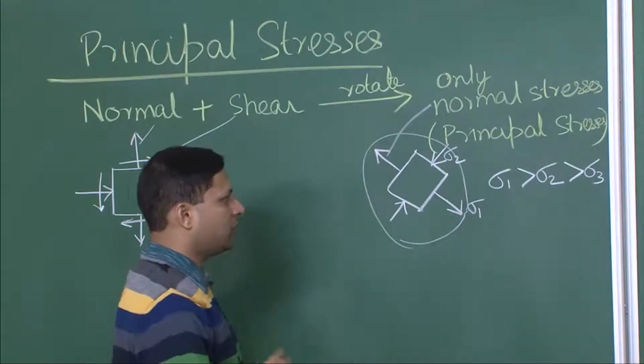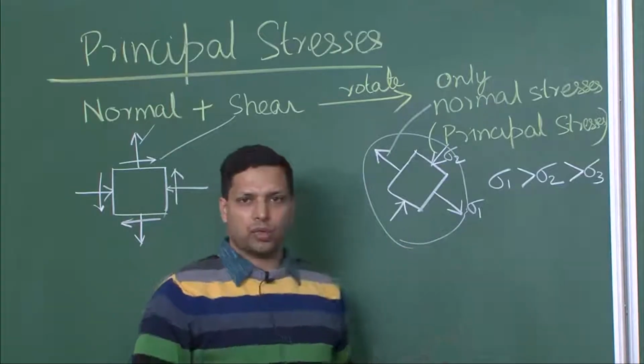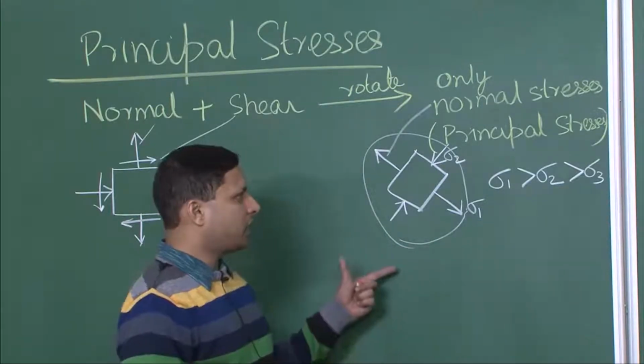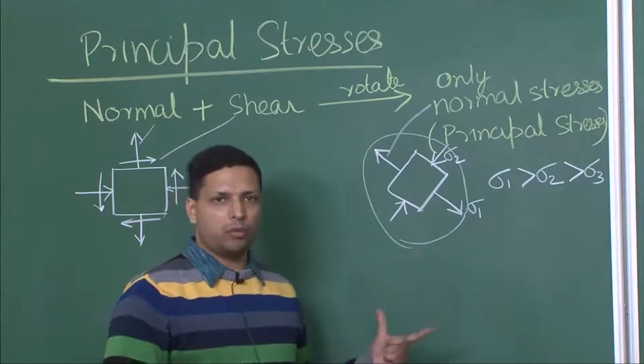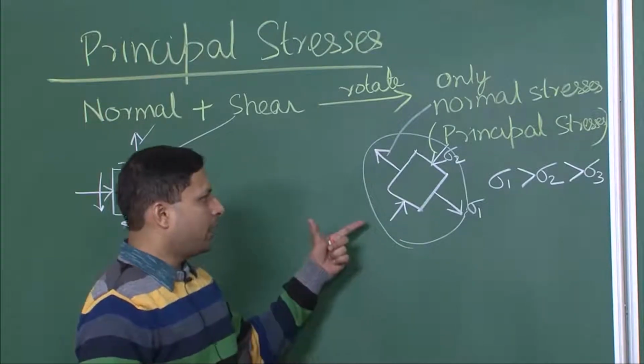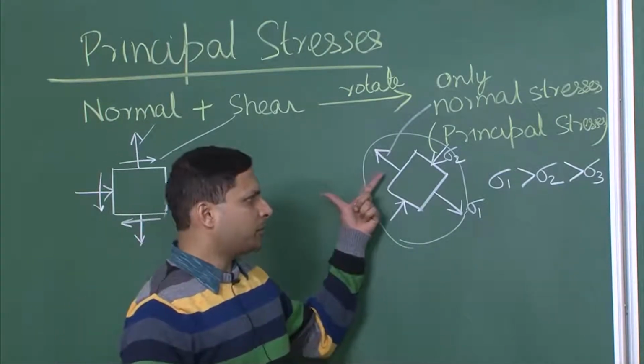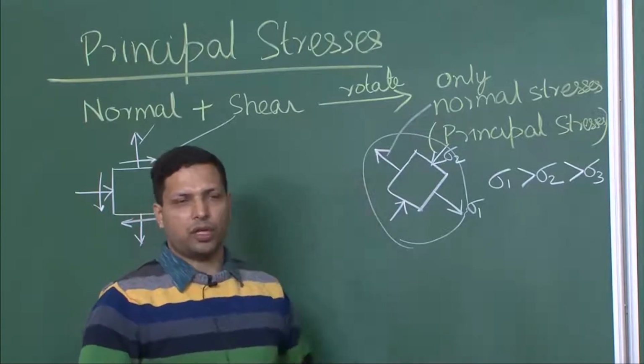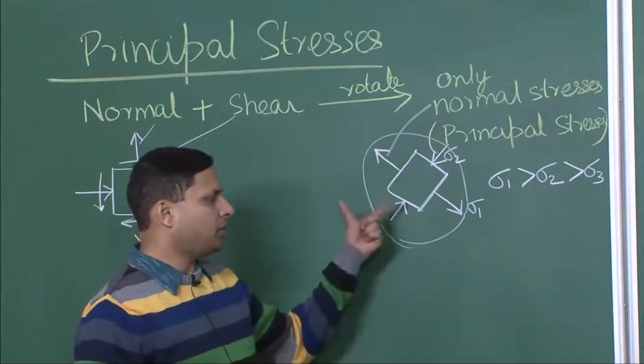So, there can be up to 3 principal stresses, and in 2 dimensions there will be 2 principal stresses, and when the principal stresses exist there will be no shear stresses on that particular component.